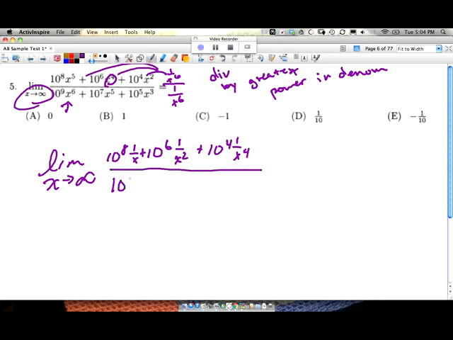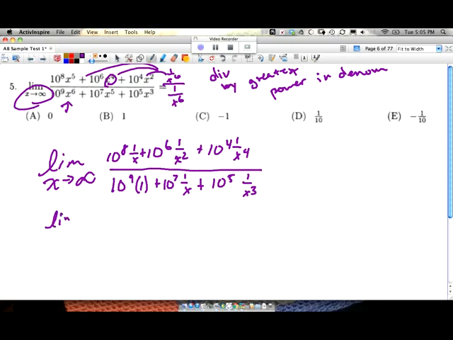All over 10 to the 9th times x to the 6th over x to the 6th, that's just 1. There it is. That's the key term. Plus 10 to the 7th times x to the 5th over x to the 6th is going to be 1 over x. And the last one, plus 10 to the 5th times x to the 3rd over x to the 6th is 1 over x cubed.